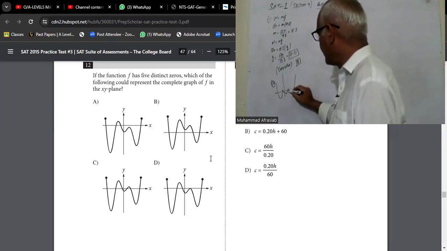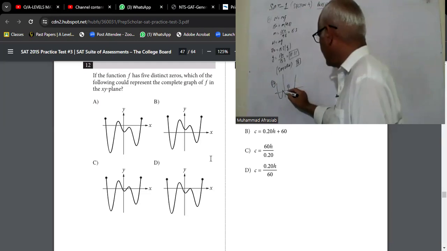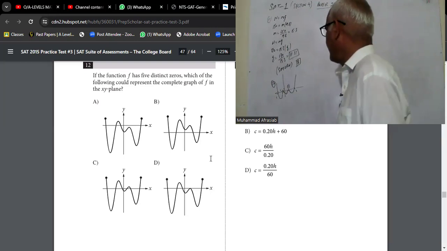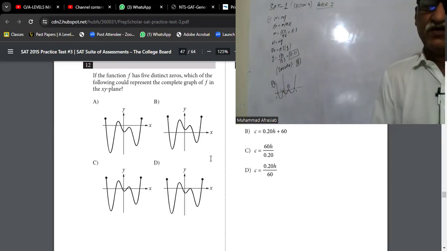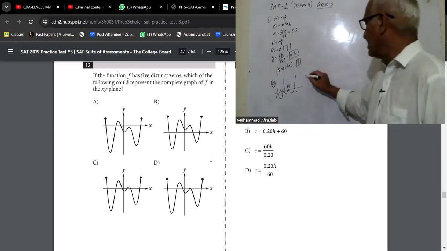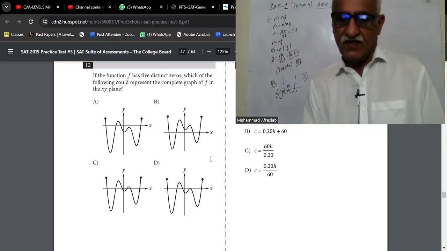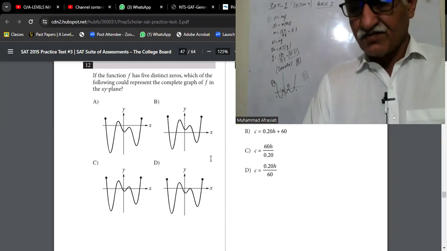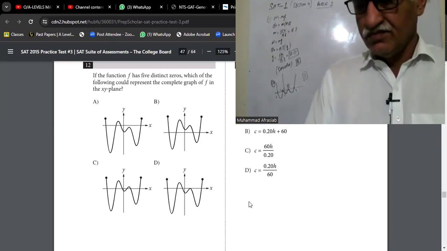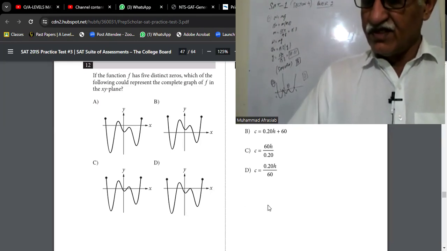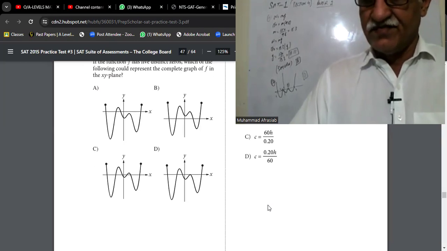These are 2 points, but it is considered to be one. This is one, this is one, and this is one. So there are 5 distinct points for which it is 0, but actually there are 6 points where it is equal to 0. So choice D is the right answer for this.